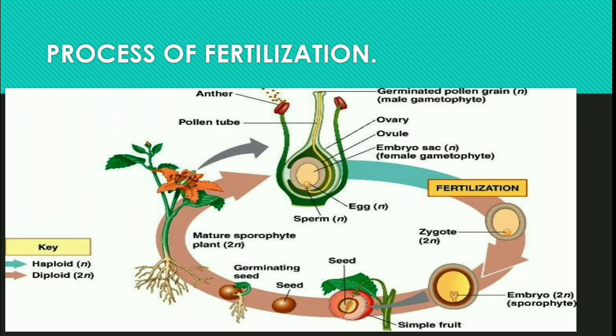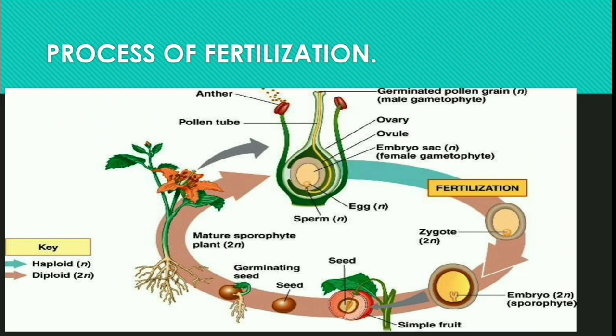It is a very long yellow tube, starting from the stigma and entering inside the ovary. You can see the ovary is the swollen part which has the ovule inside it. What is the ovule? It contains a small egg cell, and the male and female gametes will fuse together.